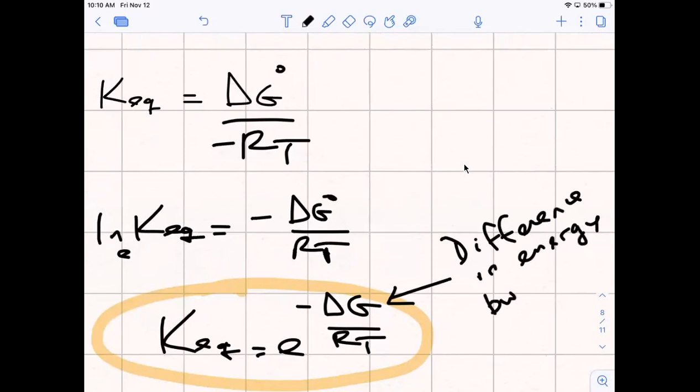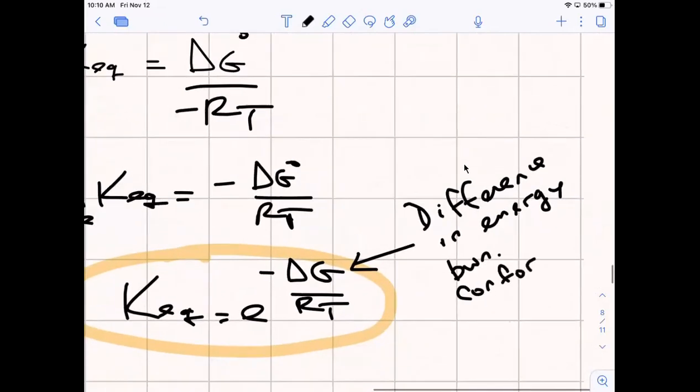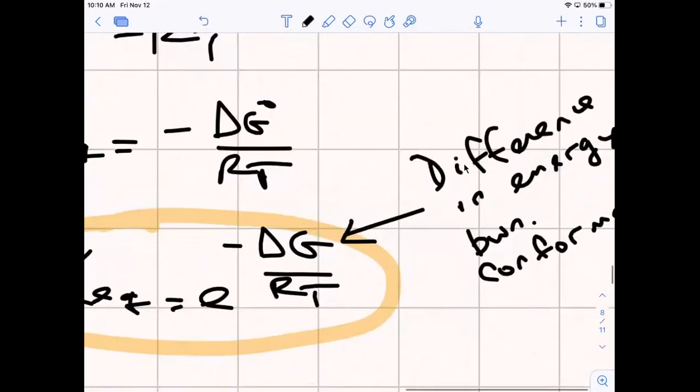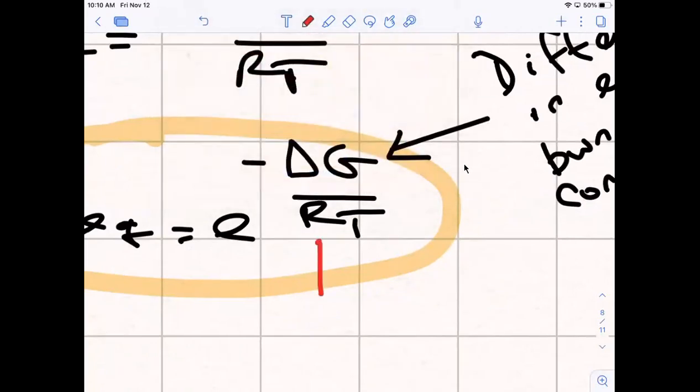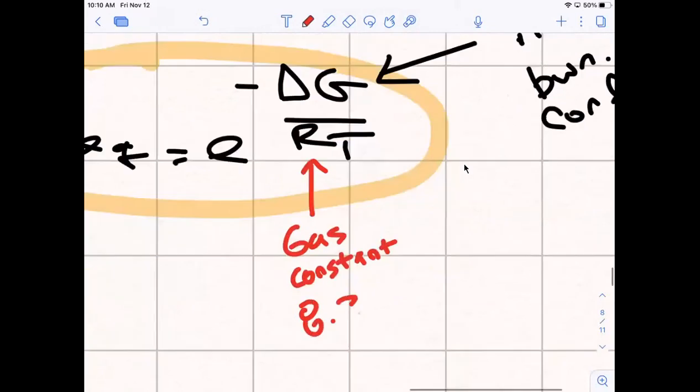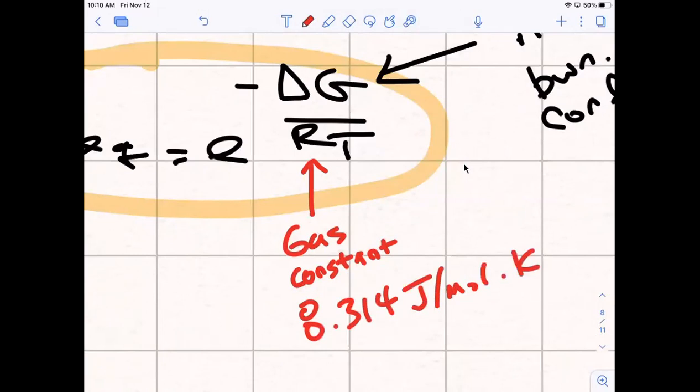R, we already know from Chem. It's the gas constant, 8.314 joules per mole Kelvin.